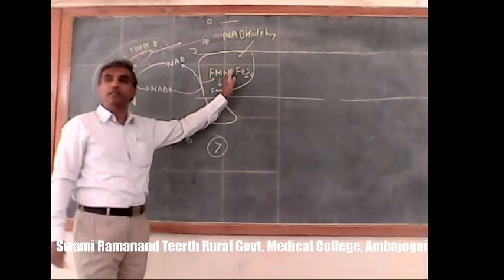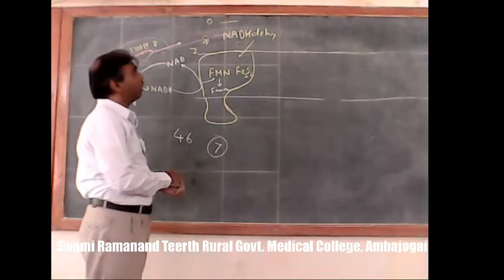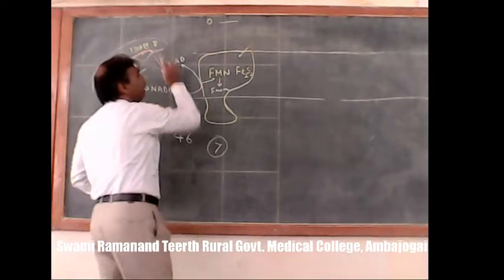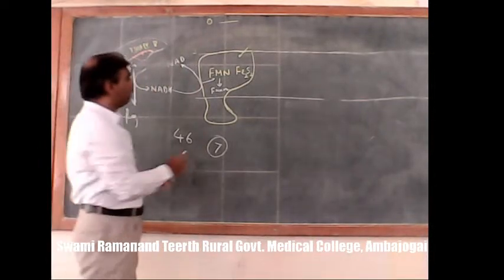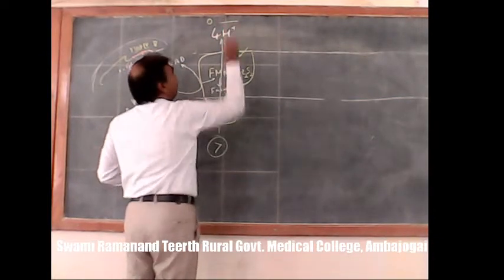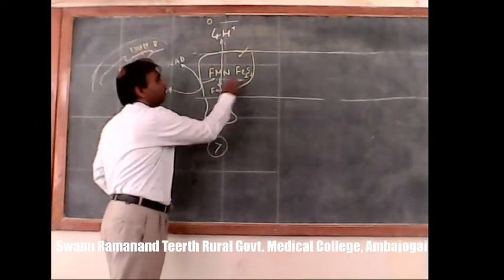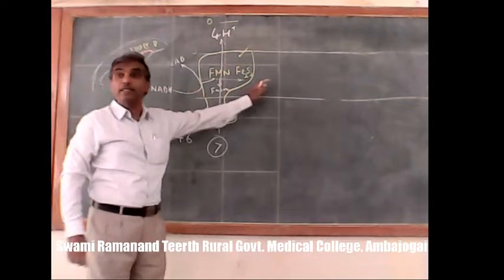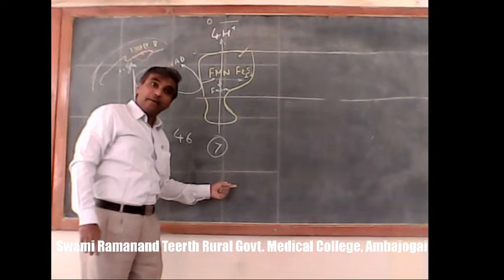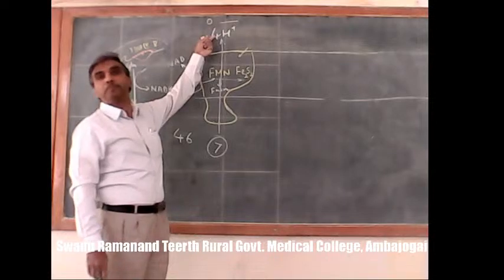Due to this, there occurs a conformational change in complex 1, and this complex 1 pumps electrons into the inner mitochondrial space. So there occurs pumping. Here, electrons or reducing equivalents flow, hydrogen, hydride or electron. Similarly, at the same time, from the matrix side, 4 protons are pumped to the inner membrane space.